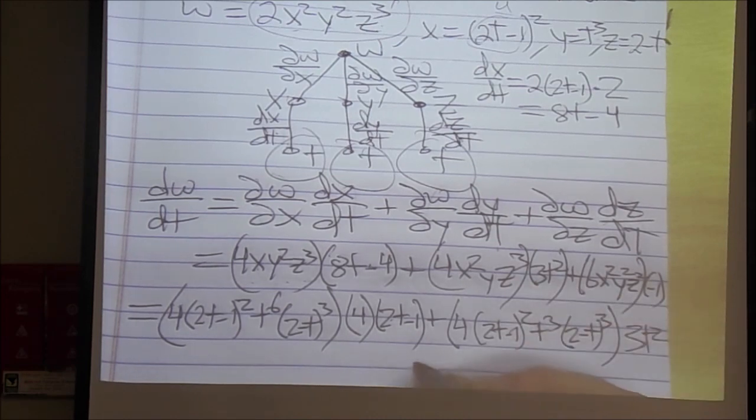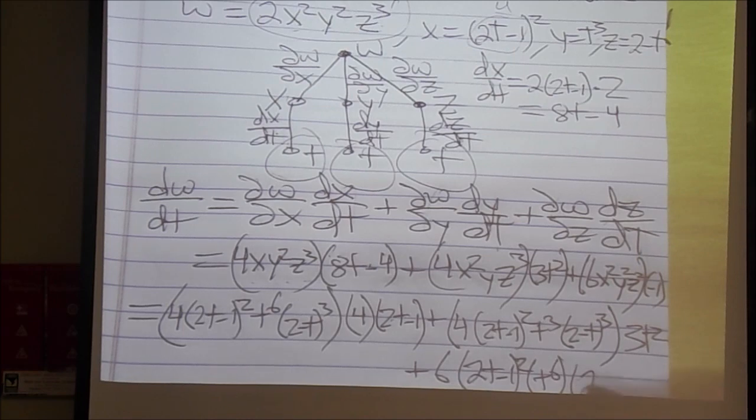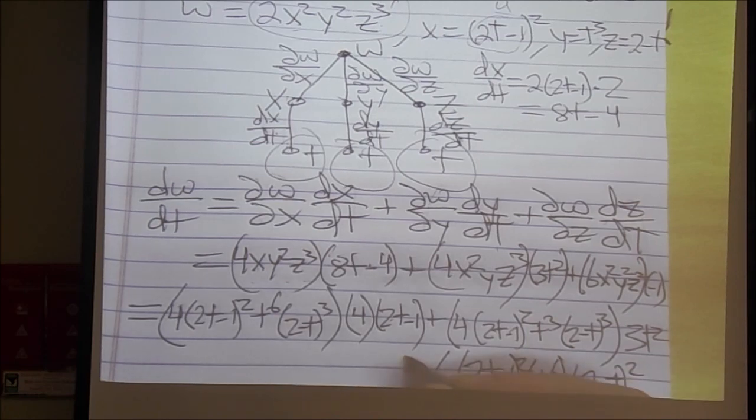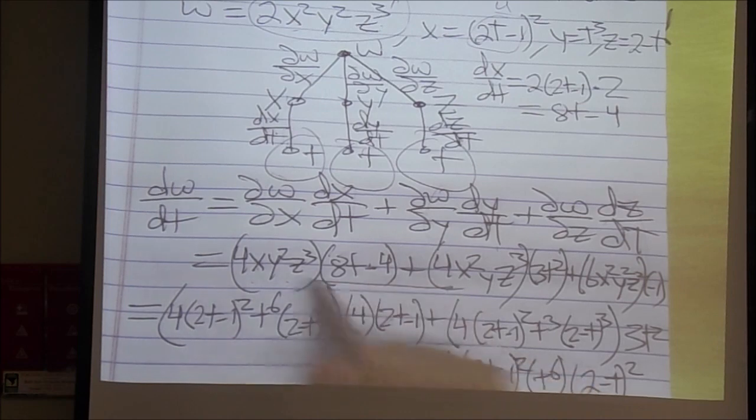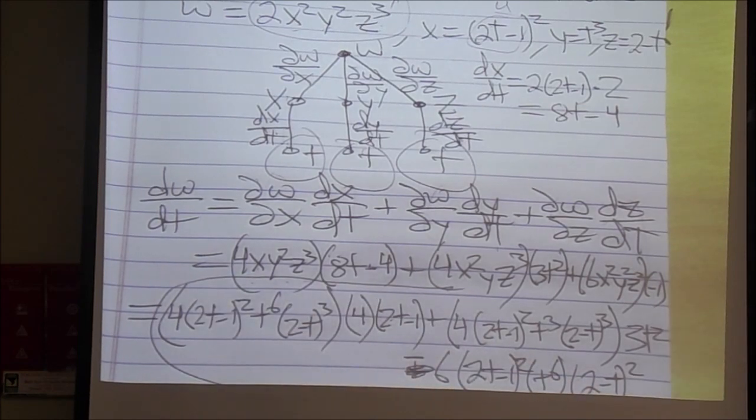And then the last part plus 6. X squared is 2t minus 1 squared. Y squared is t to the 6th. And z squared is 2 minus t squared. All multiplies by negative 1, so maybe I just put the minus out front there. And now there it is. I think I'll leave the answer here.